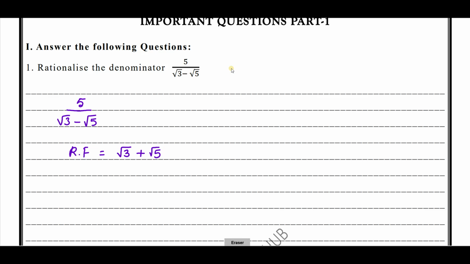Now what you need to do, you need to multiply and divide this RF, that is 5 by root 3 minus root 5. What you should do, you should multiply and divide the RF.